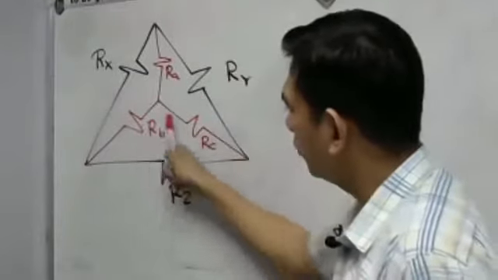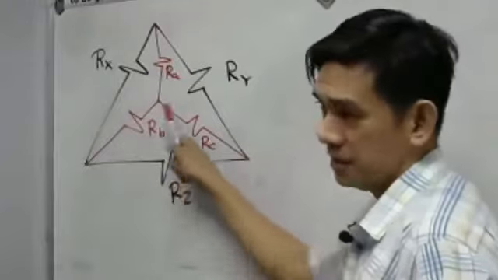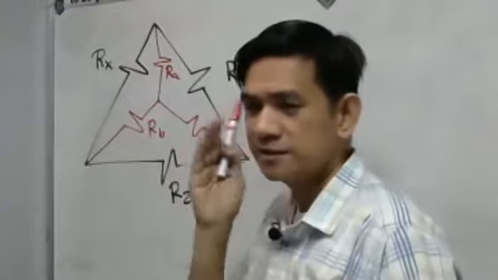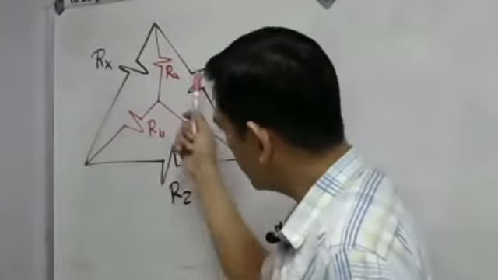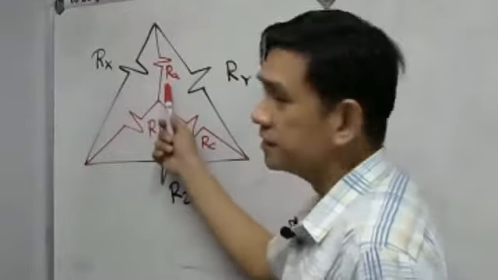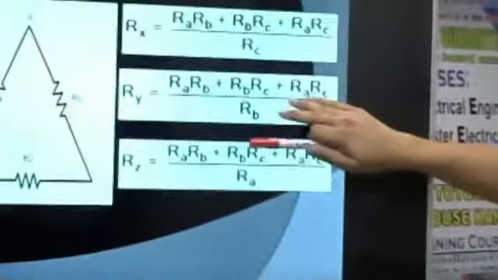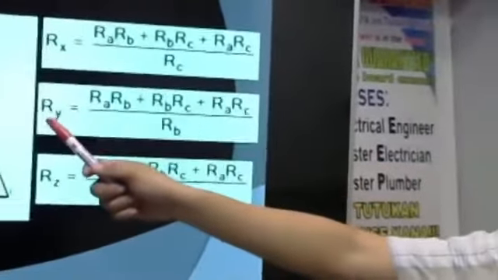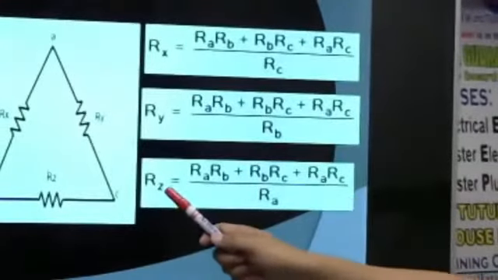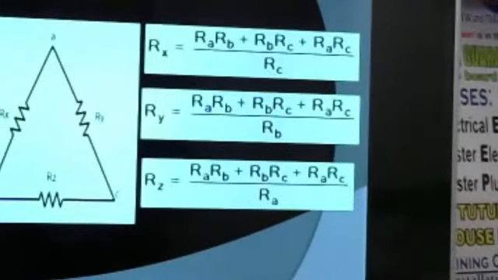So Ry, we have it all over Rb. What about now for Rz? It's still equal to the sum of the product, and then divided by the opposite, which is Ra. So as shown here in our PowerPoint, makikita natin dito, yung Ry natin, that is over Rb, and our Rz is over Ra.